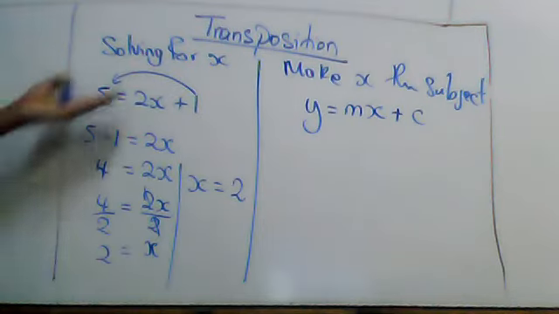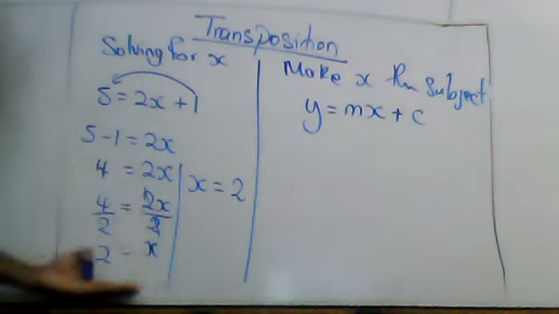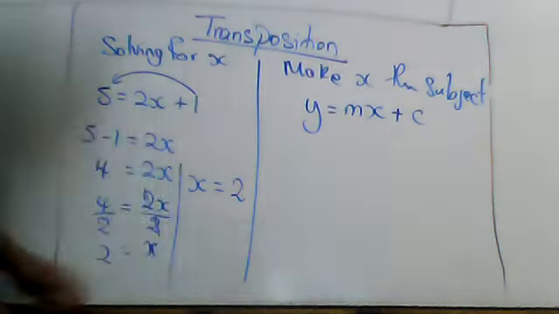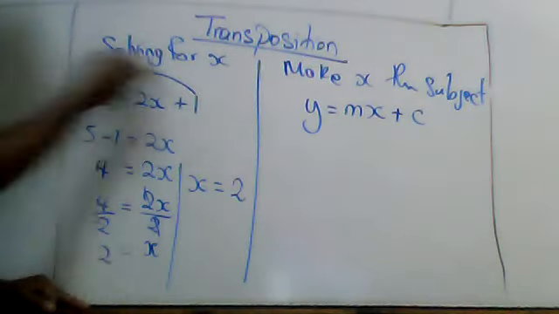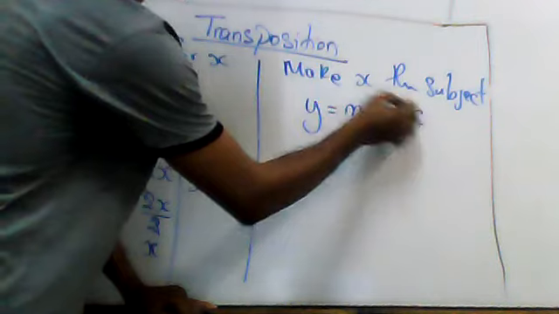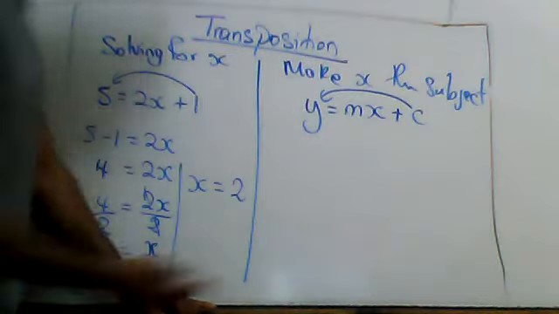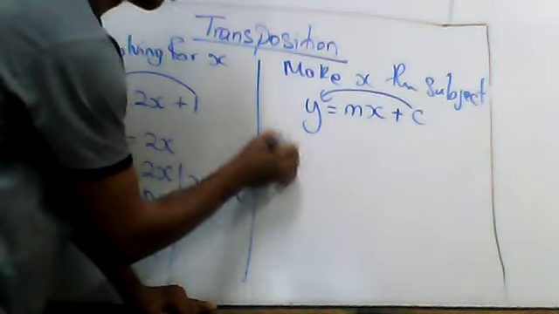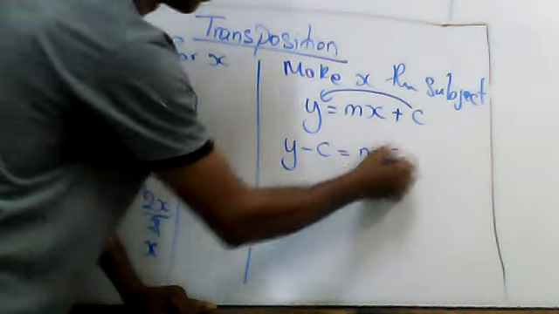Now the same procedure that we had carried out here, we're going to carry out here. It's just that instead of dealing with direct numbers, we're dealing with variables. So we're supposed to make x the subject. On the left hand side, we call it like terms. On the right hand side, we're just going to bring over the c, or we're going to say subtract c on both sides. But bringing it over, it's the same thing as subtracting. So y minus c is equal to mx.